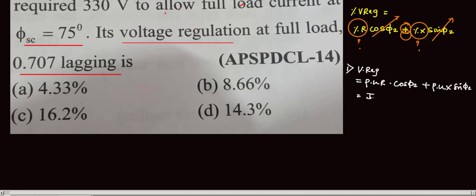What is the per unit resistance? I2 into Ro2 by E2 into cos phi 2, plus I2 into Xo2 by E2 into sin phi 2. This is one formula.